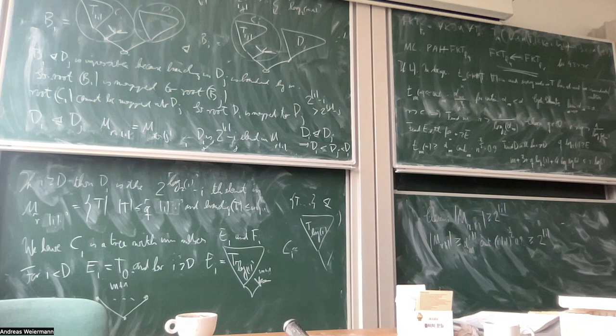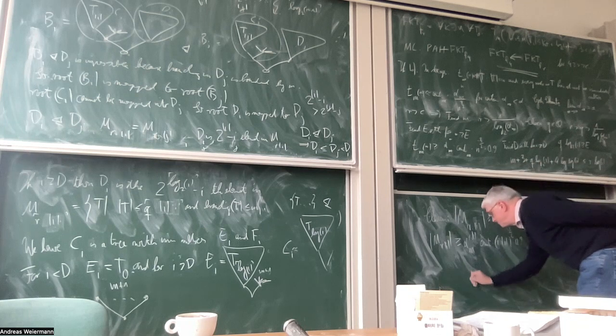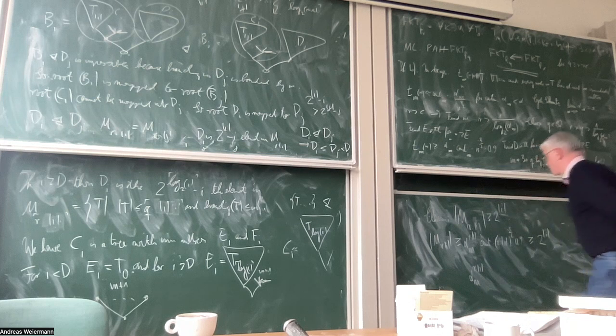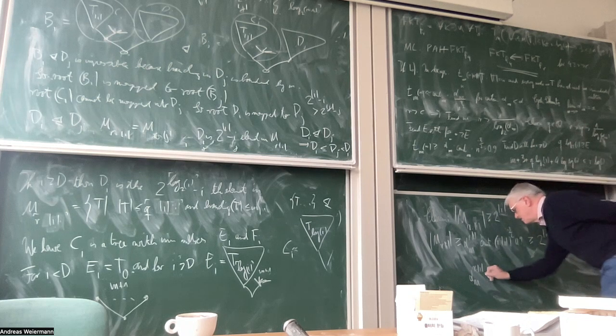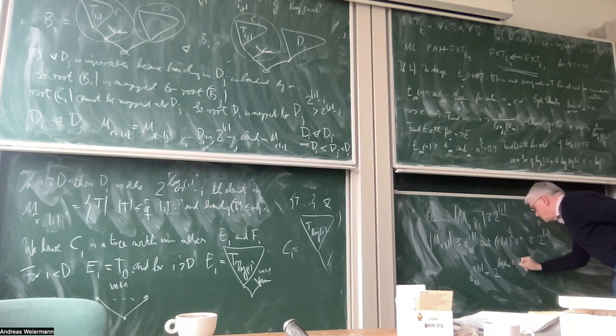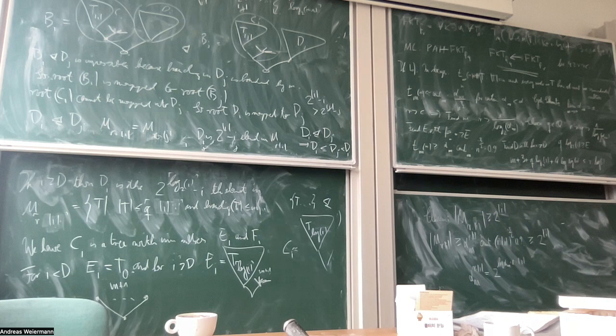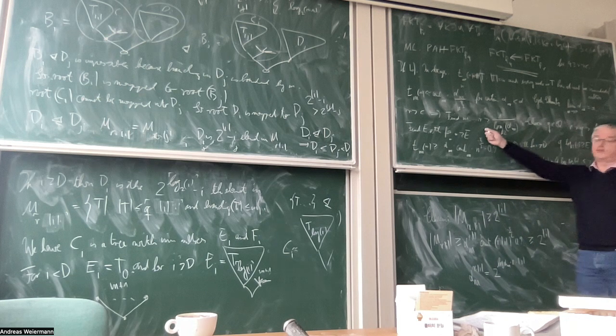Now, what else do we have? Alpha_M to the R times the binary length of I, the same as 2 to the log of alpha_M times R times binary length of I. And now you see the magic.